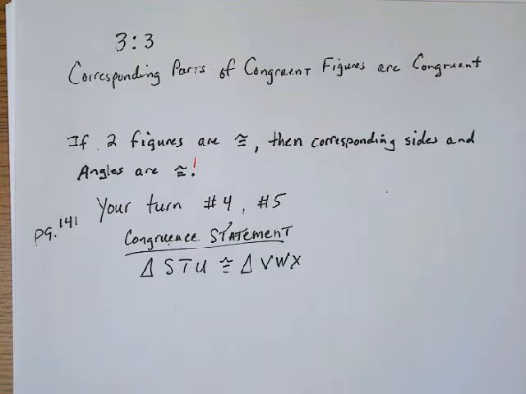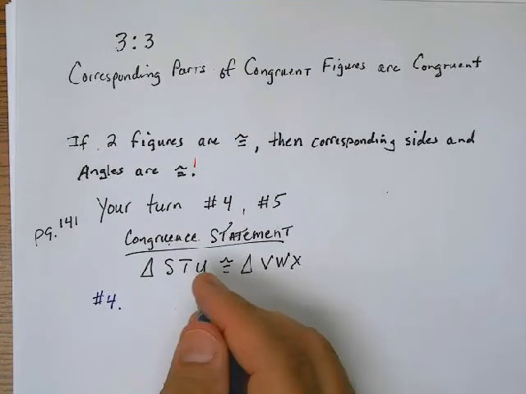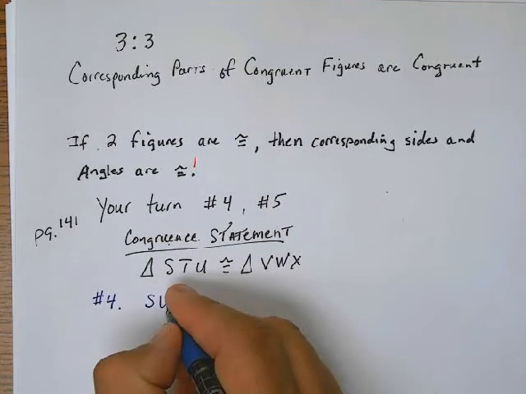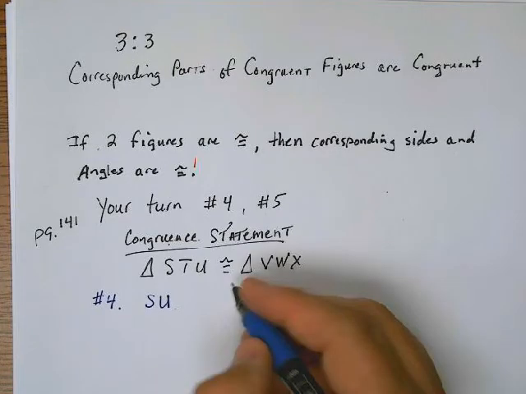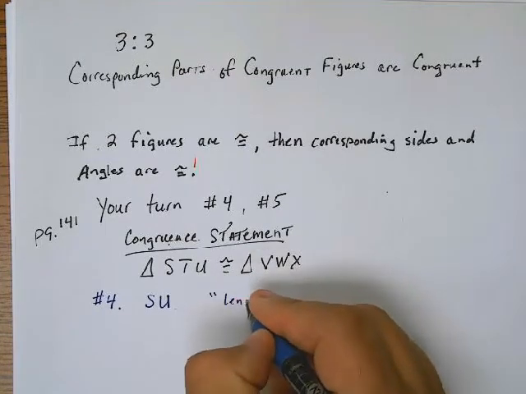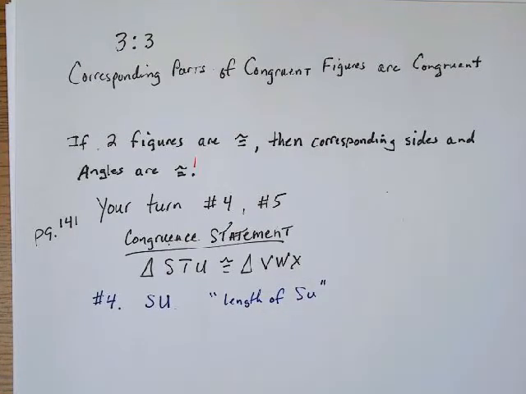Let's go to question number 4. Question number 4 says, find the length of SU. When it just says SU like this, that means it wants the length of SU. That's what they're asking for. It's not the segment SU, they want the length of it.